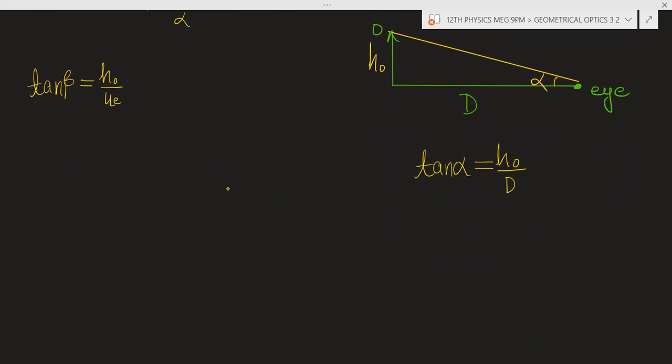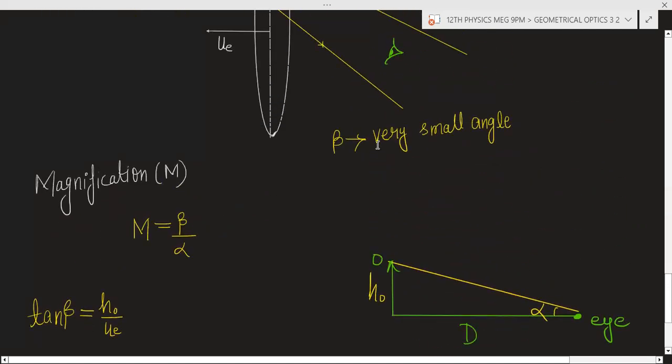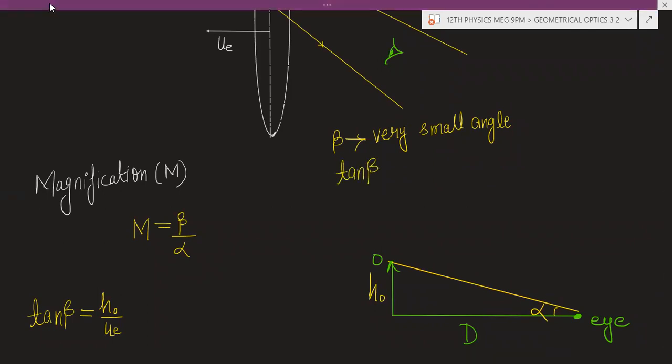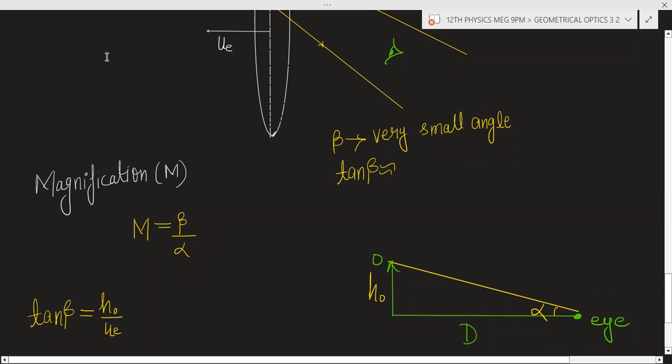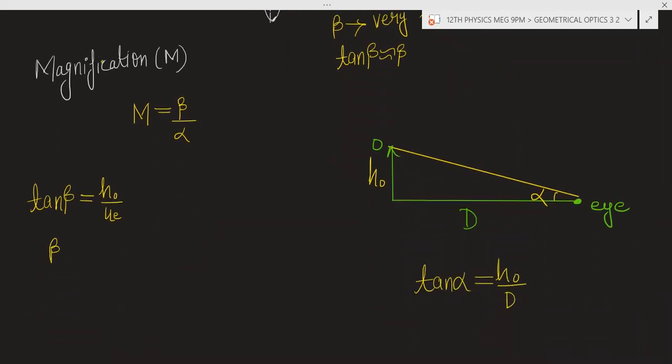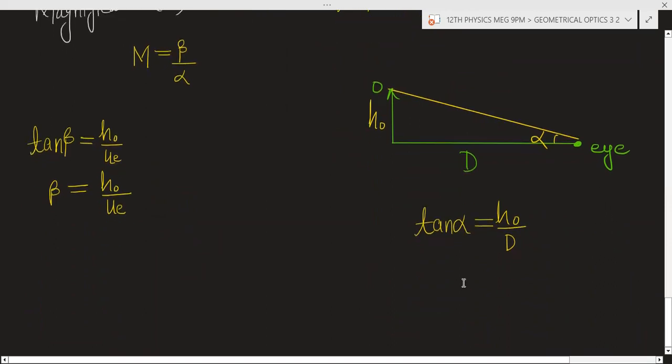Now I told you that if beta is a very small angle, then tan beta can be written as beta. So you can write beta is equal to HO by UE. In the same way, tan alpha can also be written as alpha, and alpha becomes HO by D.